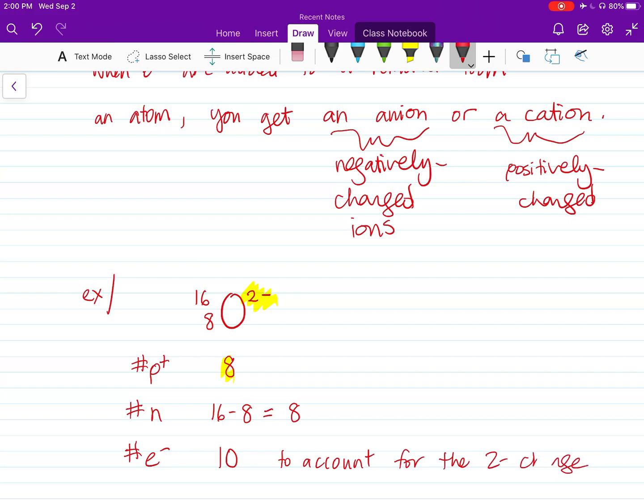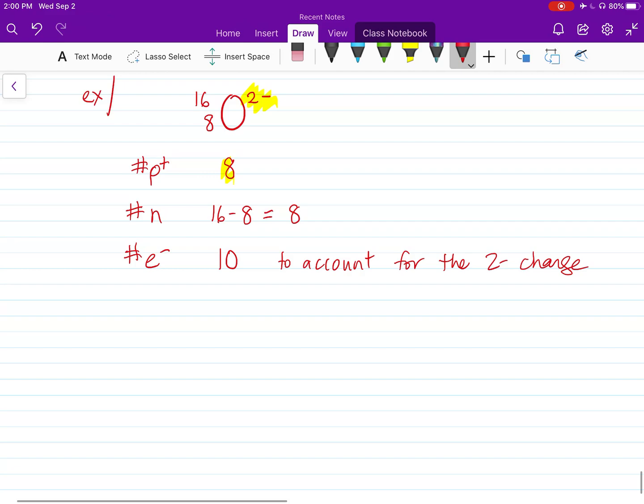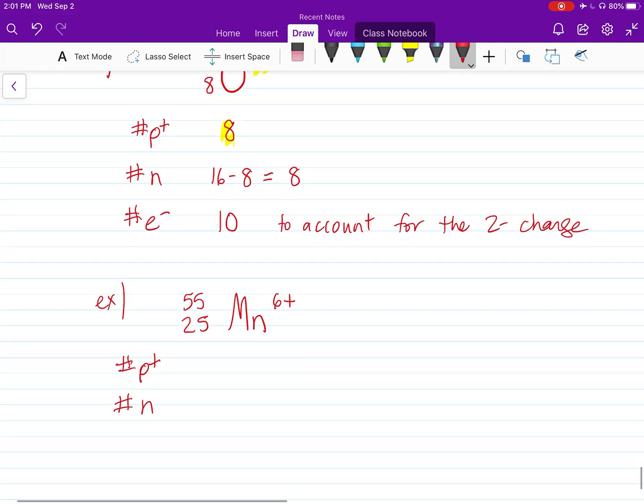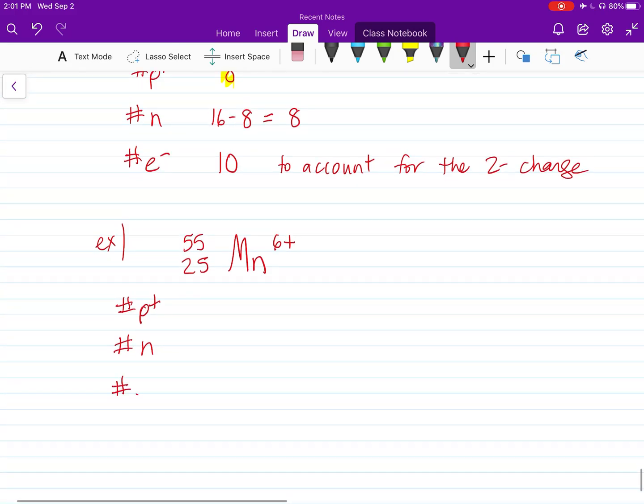Let me give you another example with a cation this time. Let's consider 55 manganese 6+, with atomic number 25. How many protons, how many neutrons, and how many electrons are in this ion of manganese? Well, we just have the atomic number, 25 protons. 55 minus 25 gives us 30 neutrons.